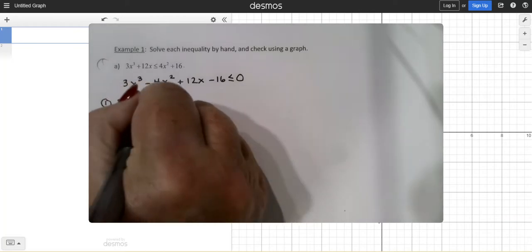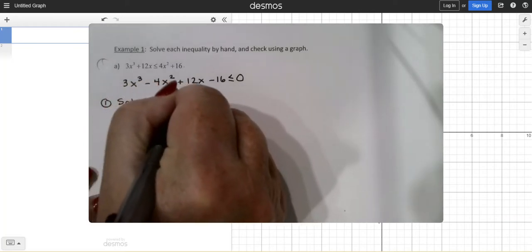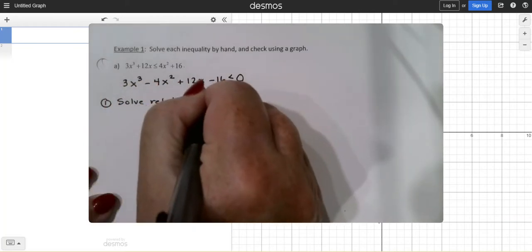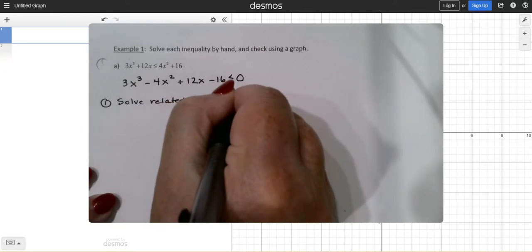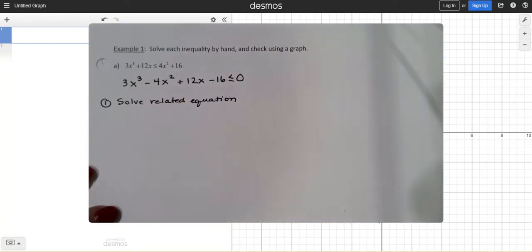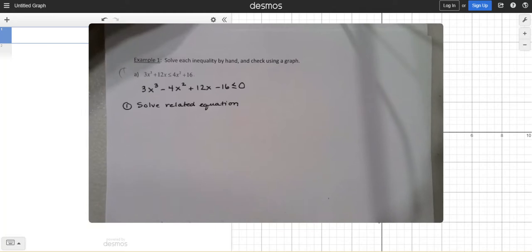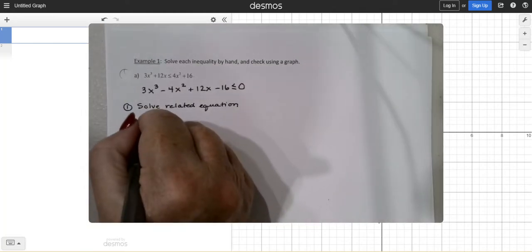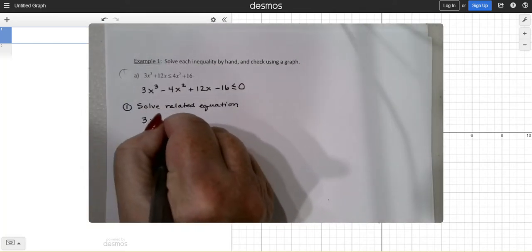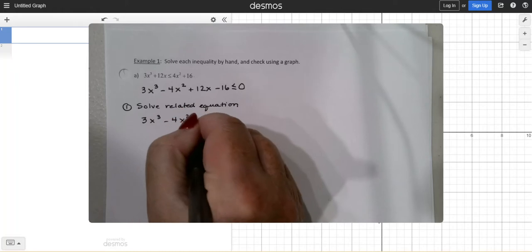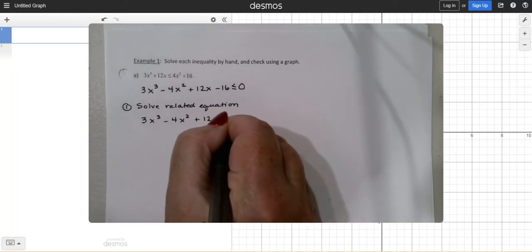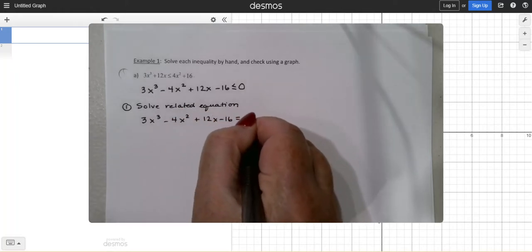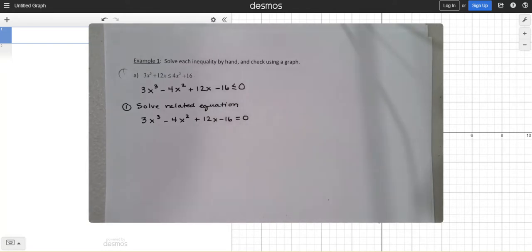Right? So first, I need to solve the related equation because I need to know those zeros. So I take my function and ask myself, where is that actually equal to 0?